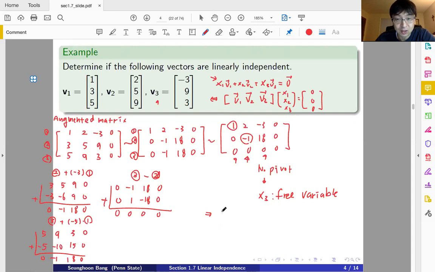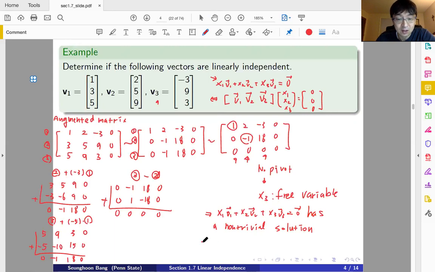This means x1 v1, x2 v2, x3 v3 equal to vector 0 has a non-trivial solution. So this is the exact definition of linearly dependent.